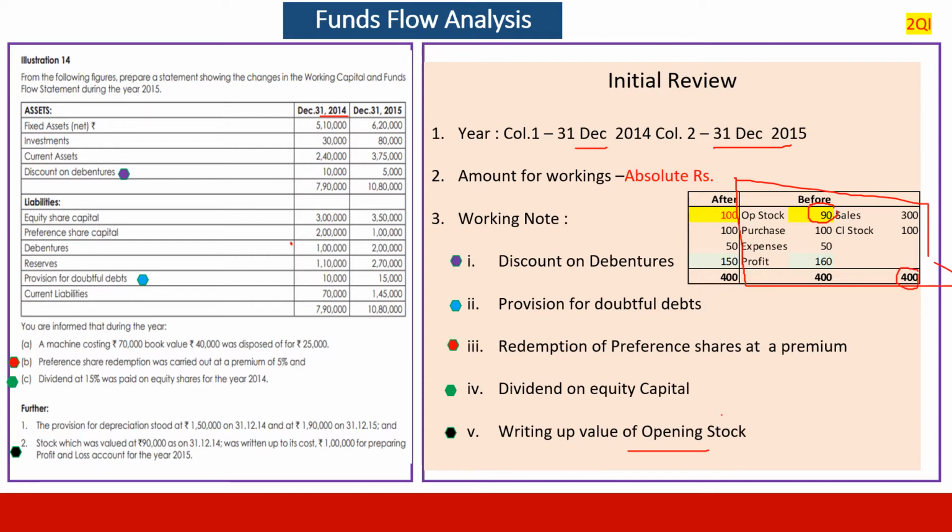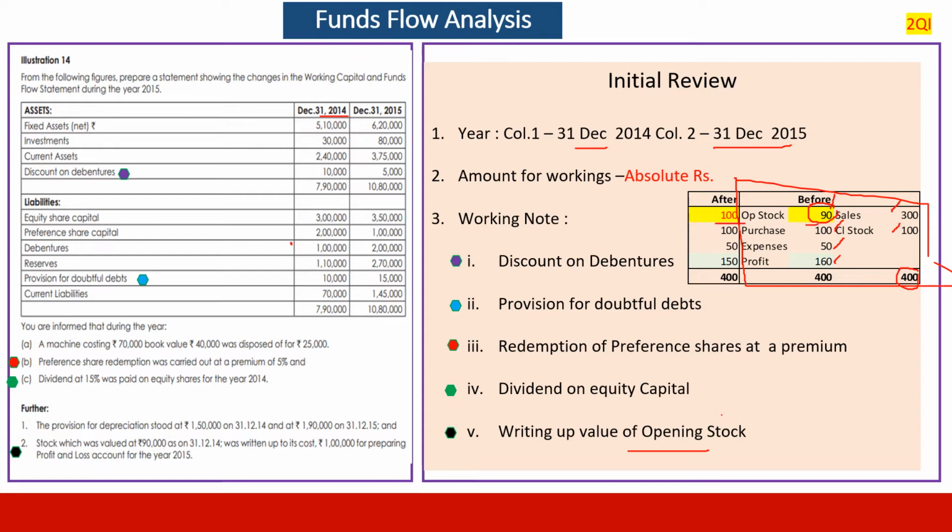We have sales, closing stock total is 400, opening stock is 90, purchases 100, expenses 50, and we have a profit of 160. What happens if opening stock increases?